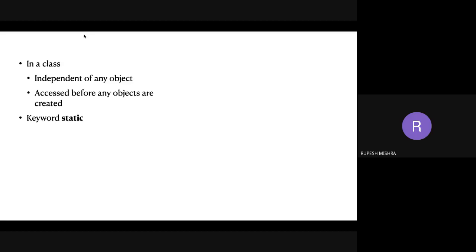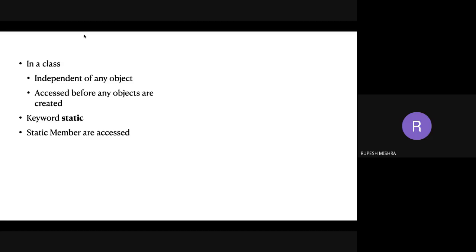So first thing, static members belong to classes. They are independent of any object. They don't belong to objects at all, but you can access that data from the object. These values you can access before creation of any object. We use the static keyword to make something in static context. Without writing static, everything is by default non-static.